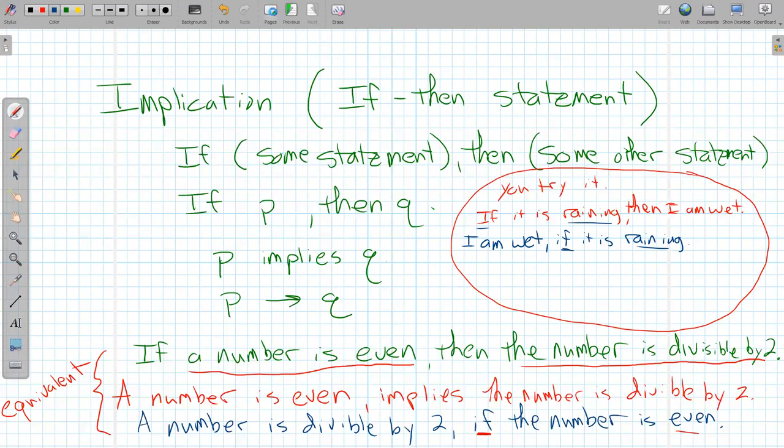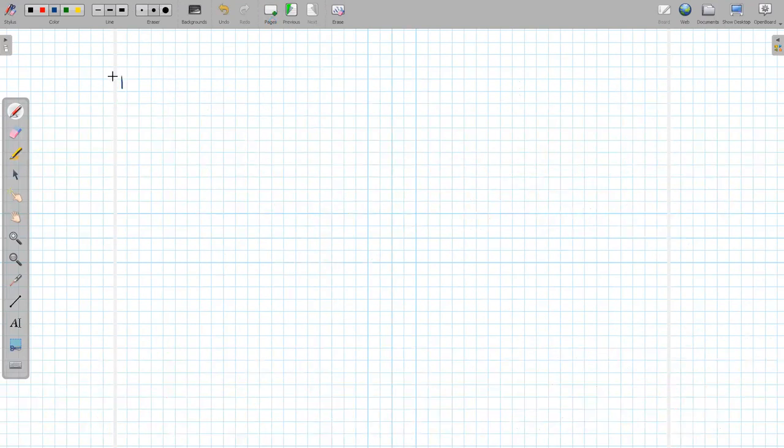So let me put this on a new page. So let's see, I started off with: if it is raining, then I am wet. And so this is one of the examples I was hoping we would get to.